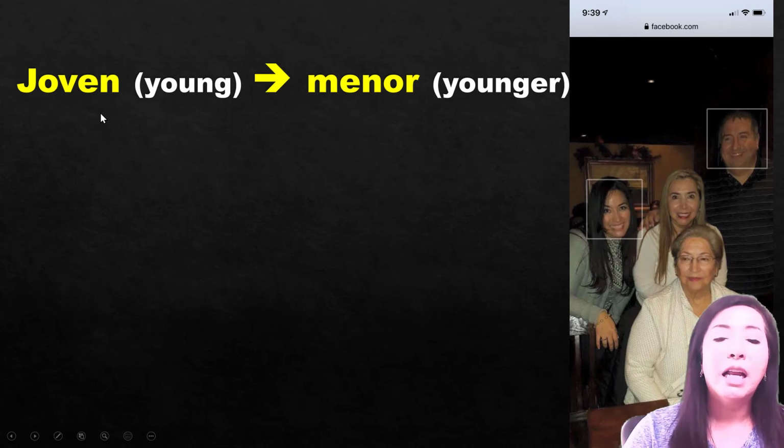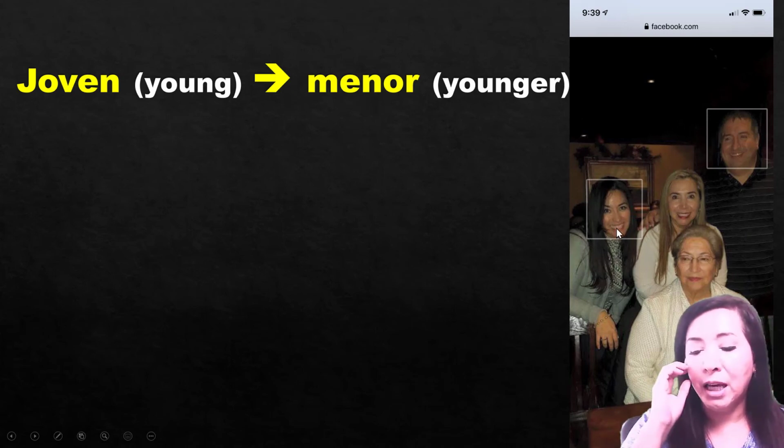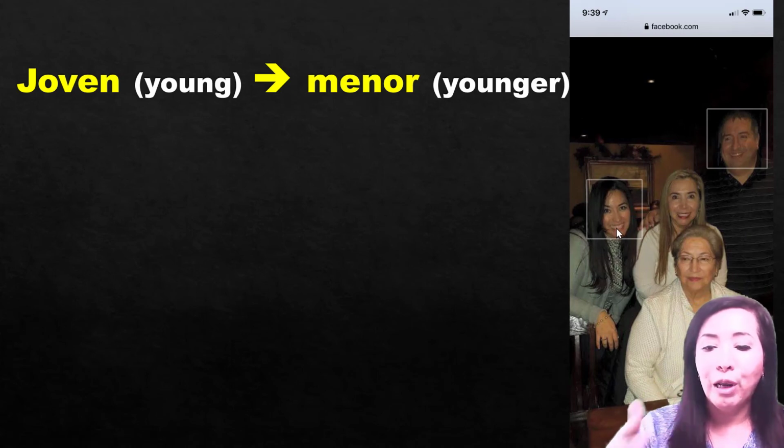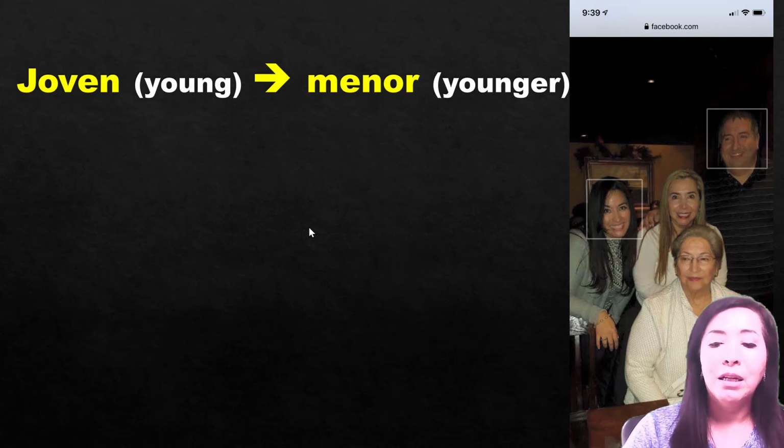So now let's take a look at a word, joven, which has a special word for making comparisons. So that word is menor. If you're trying to say that somebody's younger, you would use the word menor. So that's a picture of my family, and yes, I look blonde in that picture. I'm in the middle there. Those are my siblings, and that's my mom, mi hermana, mi hermano, y mi mamá.